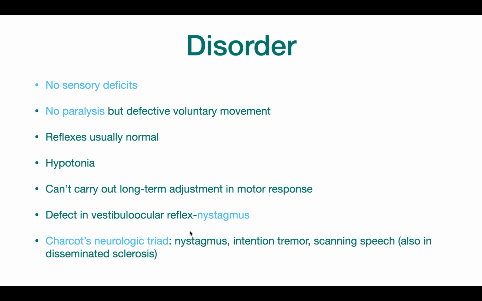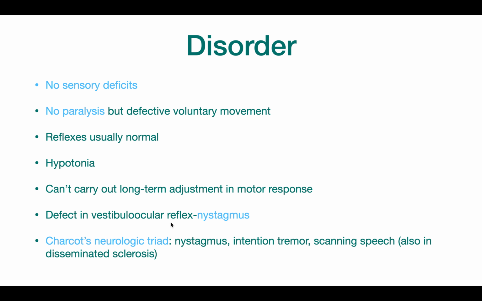One of the signs of the disorder, or anything involving a cerebellum, is Charcot's neurologic triad. It's not a diagnostic criterion per se, but it does give you a lot of helpful hints that this is going to be a cerebellum infarct or whatever. The triad is nystagmus, an intentional tremor, and scanning speech.